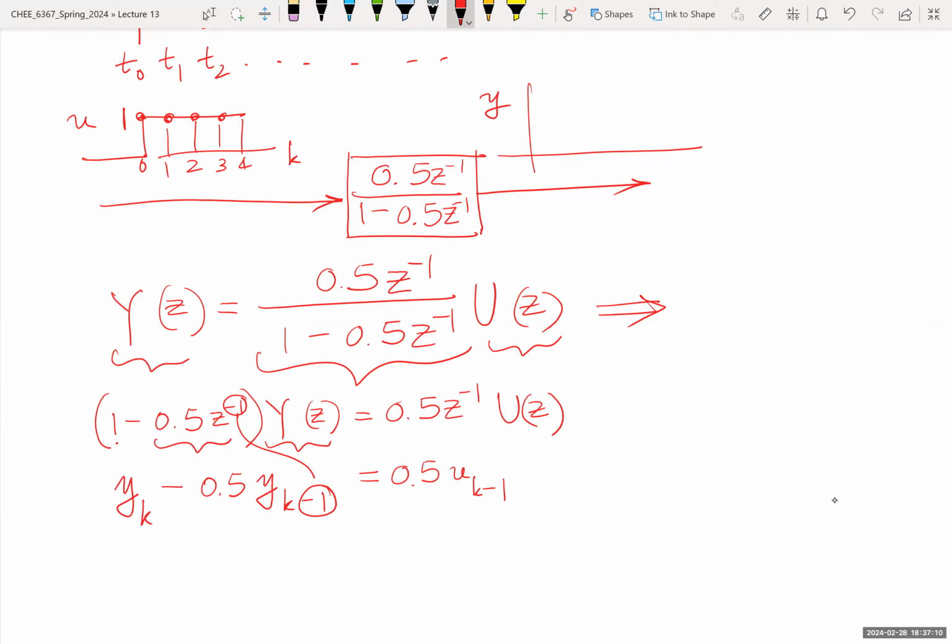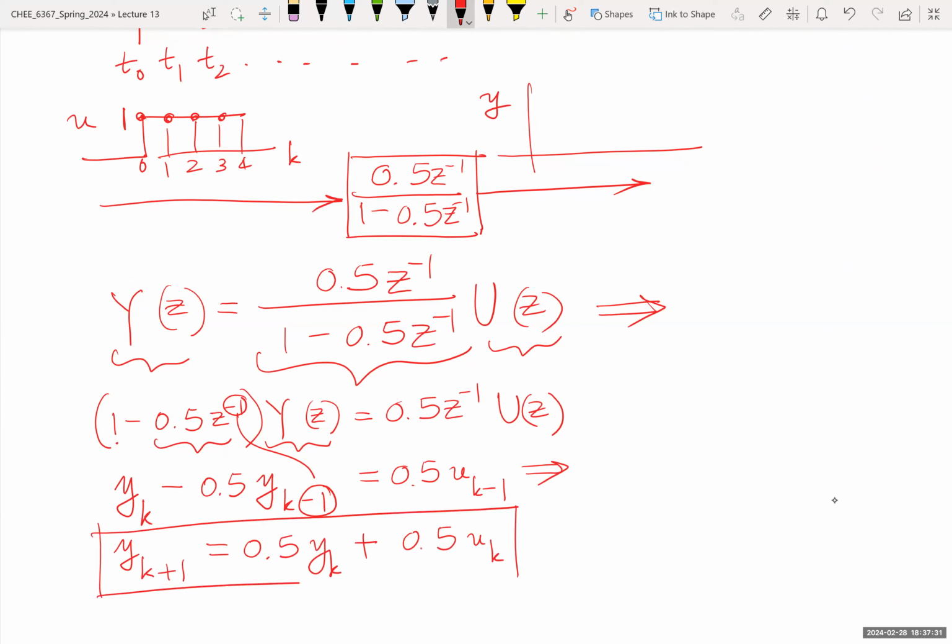And if I want to write this in a somewhat more convenient form, this is yk plus 1 is equal to 0.5 yk plus 0.5 uk. This is my beautiful difference equation.